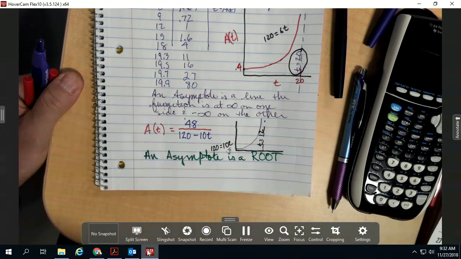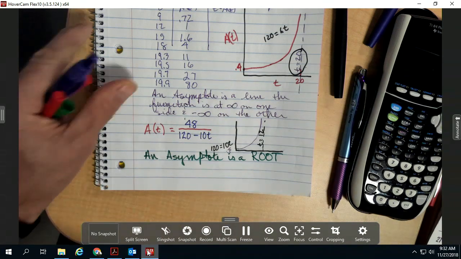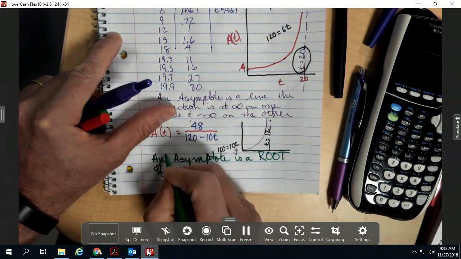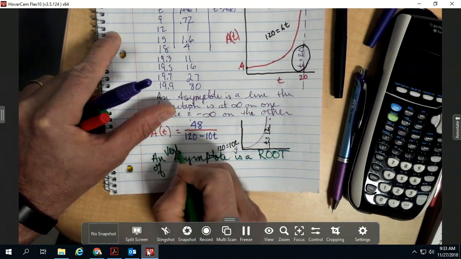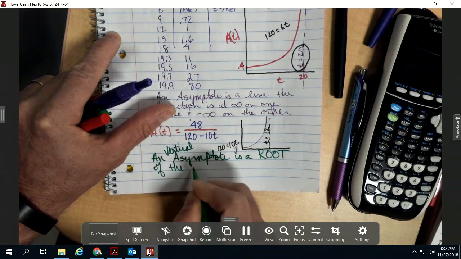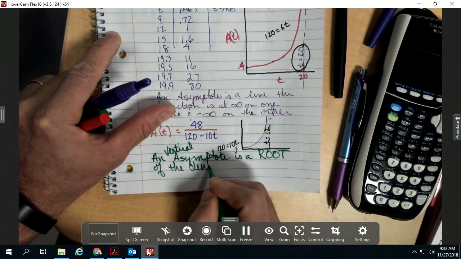A root is a place where the function is 0. A vertical asymptote is a root of the denominator. Good job.